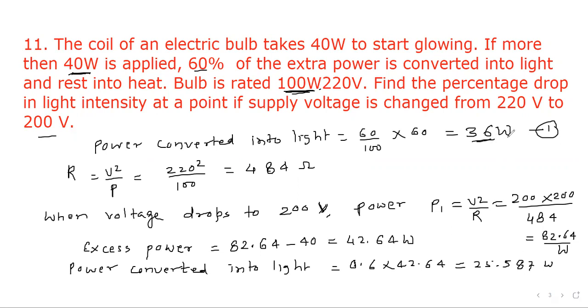Initially, it was 36 watt, and now it is 25.587 watt. So the change in power, delta P, will be the difference of the two: 36 minus 25.587. That is 10.413 watt. Now, the percentage drop.